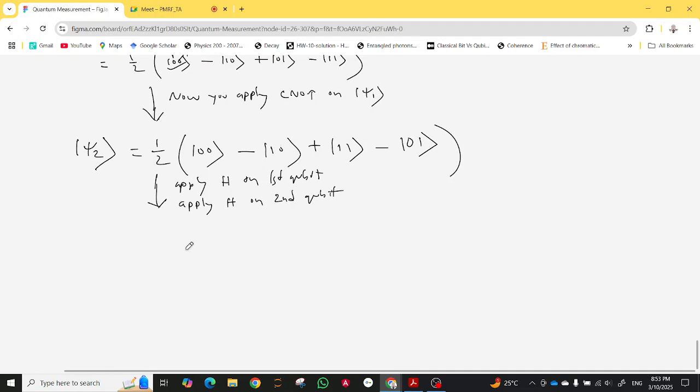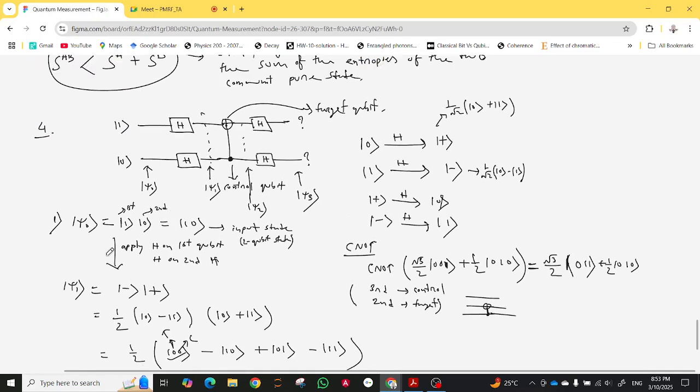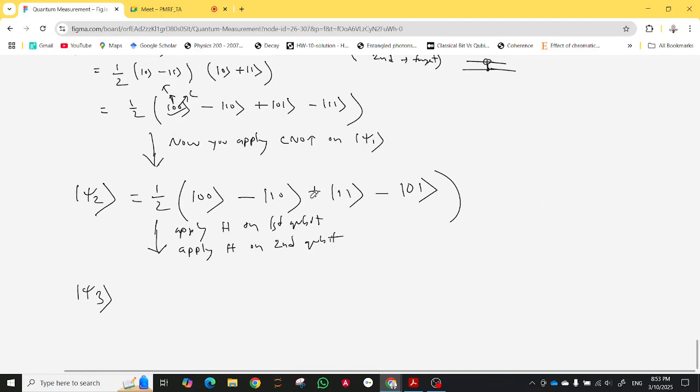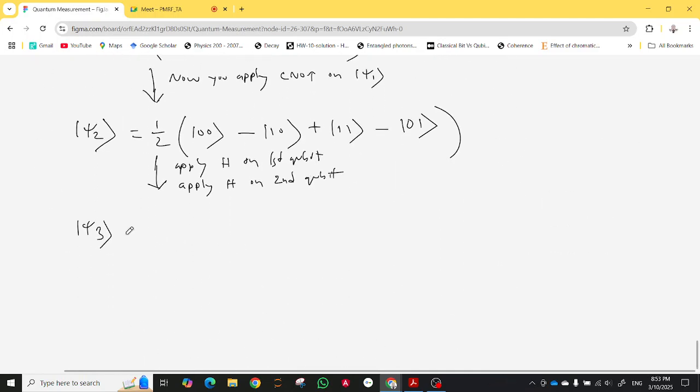Now what will happen? We will get state psi 3 here. After applying two Hadamards, the two qubit state is psi 3. So what will be your two qubit state psi 3?